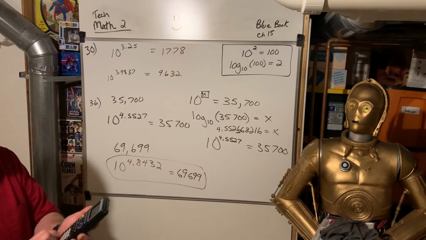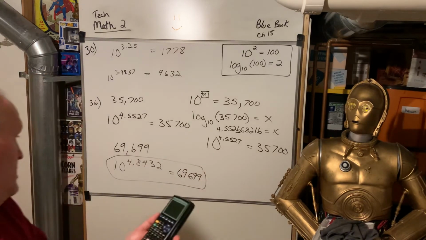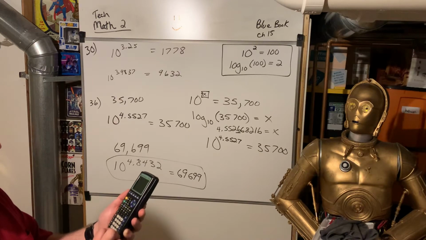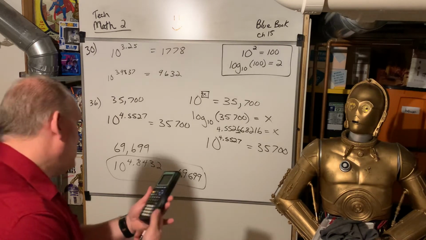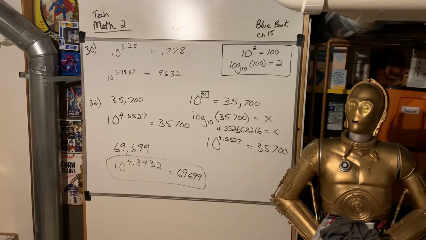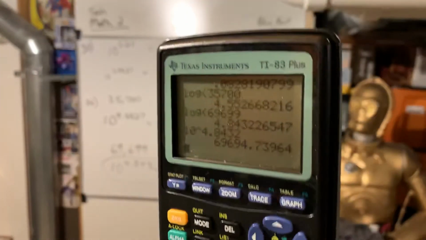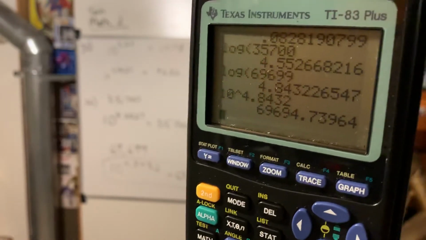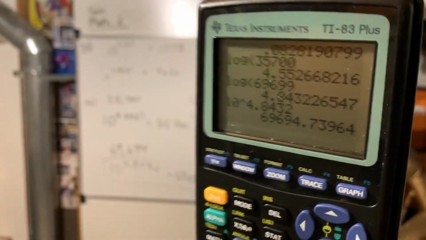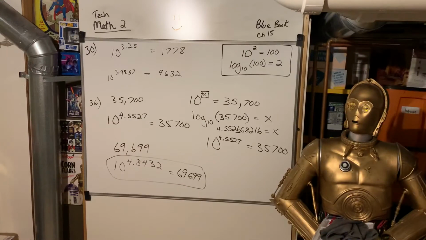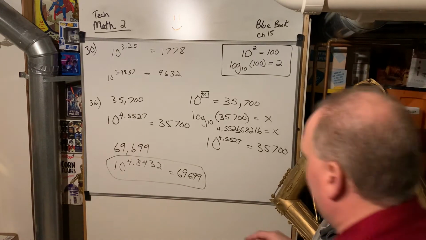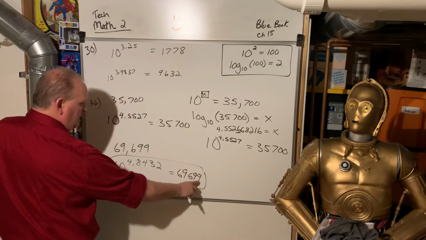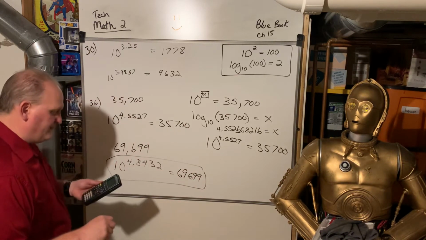If we check it back right now, 10 to the power 4.8432, it's close. It's 69,695. So why isn't it 99? Well, because we truncated off this information following. If you put that information in, we'd end up with that 9. Okie dokie?